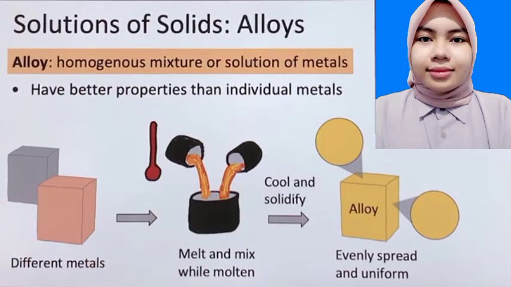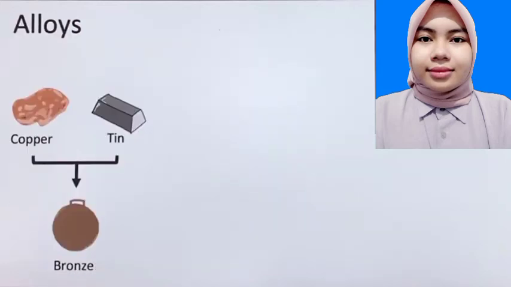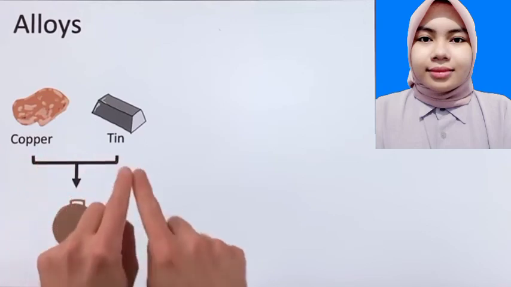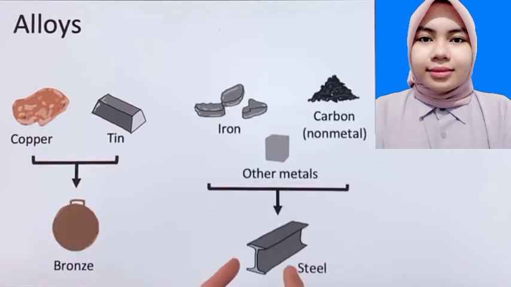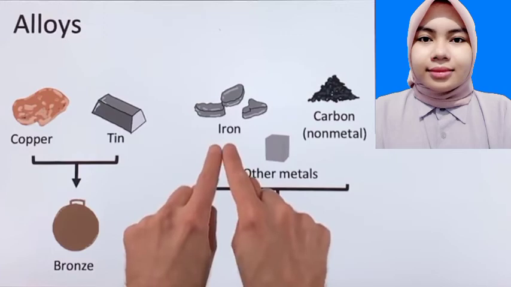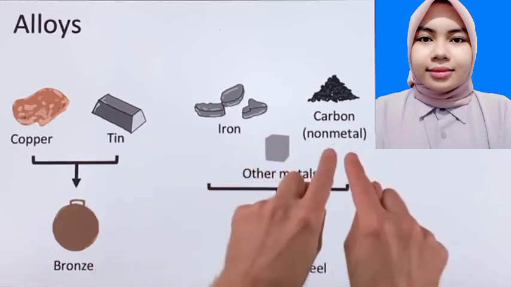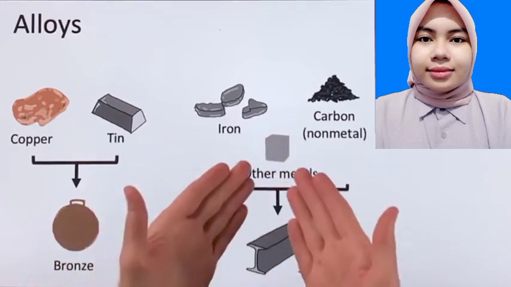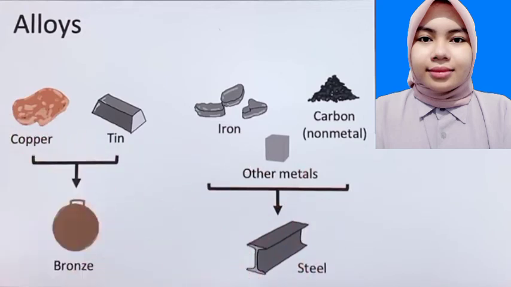People make alloys because they have better properties than individual metals alone. One of the first alloys that people learned to make was bronze, which is a mixture of copper and tin, and steel is an alloy of a metal and a non-metal.